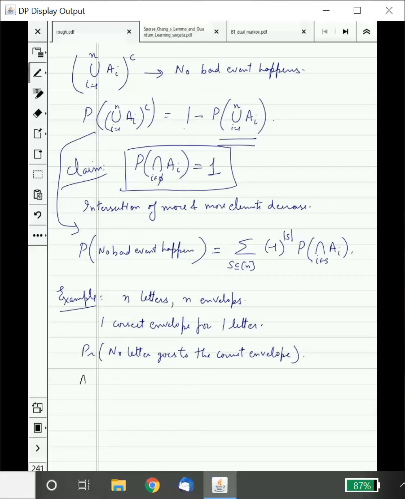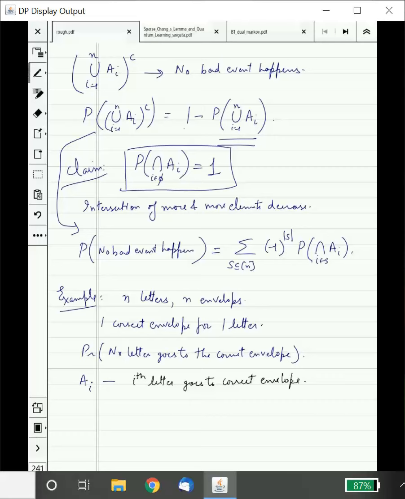So the first thing is to define our bad events. Our bad events are the ones when the letter goes to the correct envelope. So that means AI should be the event that the ith letter goes to the correct envelope.